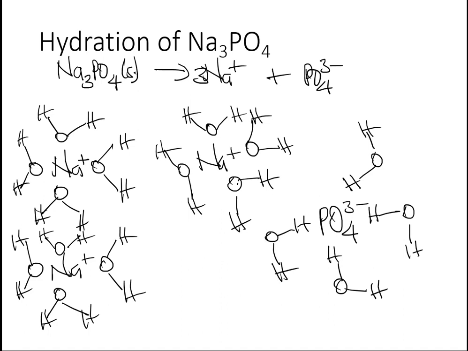Because PO4 is negatively charged, the hydrogen will be close to it. So that's the hydration of sodium phosphate. So you can use this for your handout and we'll continue in class. Thank you.